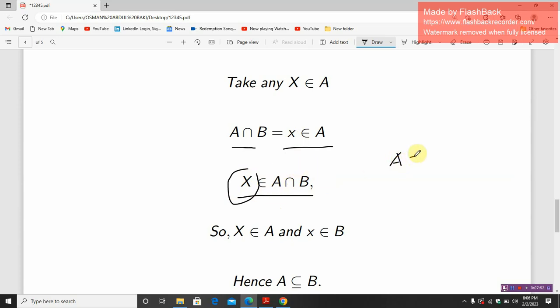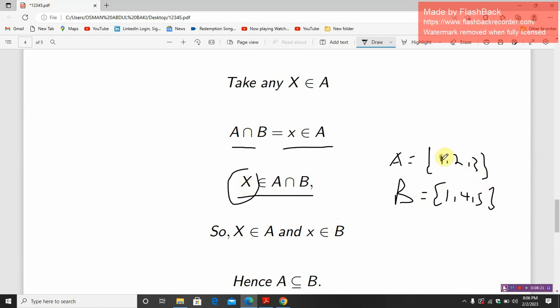So let me just give you an example. A is a set like maybe any elements 1, 2, 3. Let's say 1, 2, 3, and we will say that B is also a set, like, let's say 1, 4, 5, which means there is an element X which is 1.